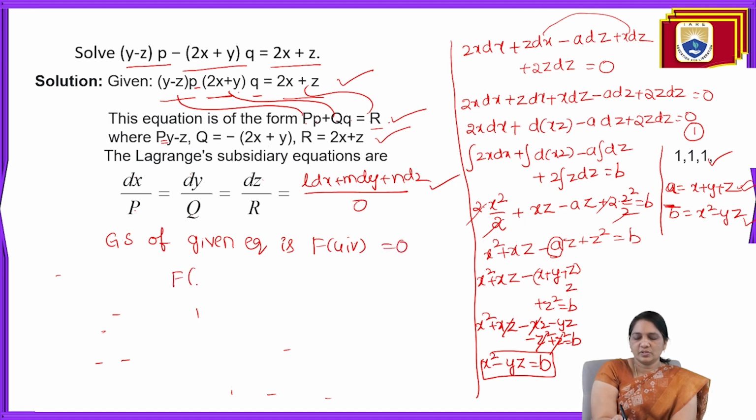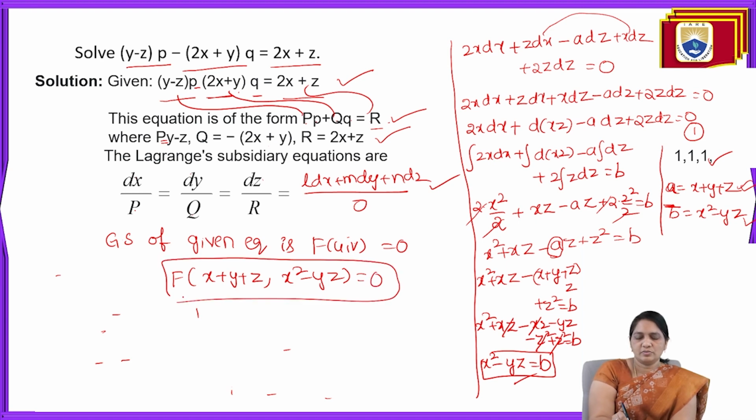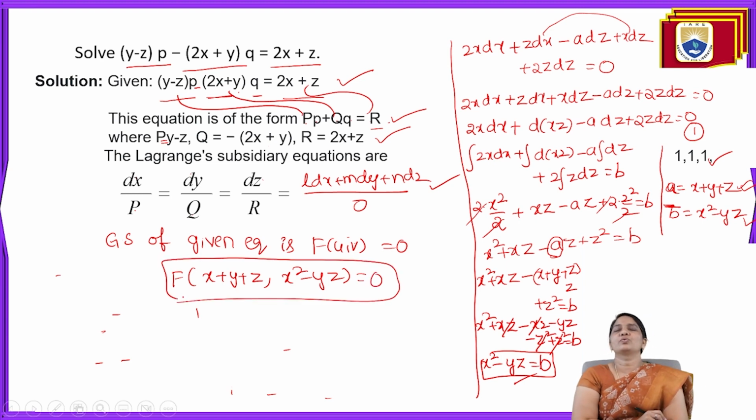What is the first solution? That is x plus y plus z, and the second solution is x square minus yz. This is my general solution. So this is the way to solve the given equation. So sometimes we may get two sets of multipliers.